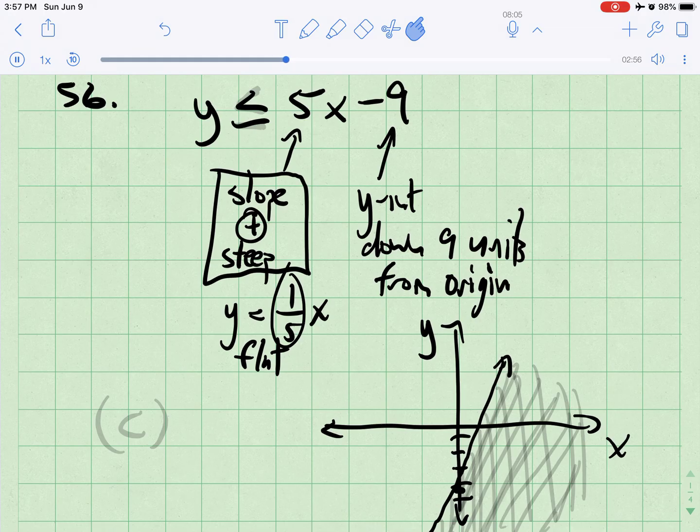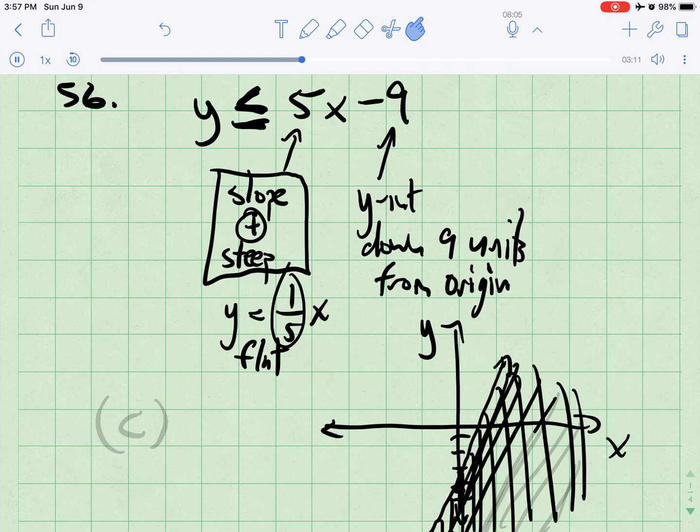But we're still not done because it says y must be less than. So it's everything below. We're shading the ones that we have to shade. Because y must be less than the graph, then we're shading below it. Everything below the line. So which one has that? That's choice C for 56.